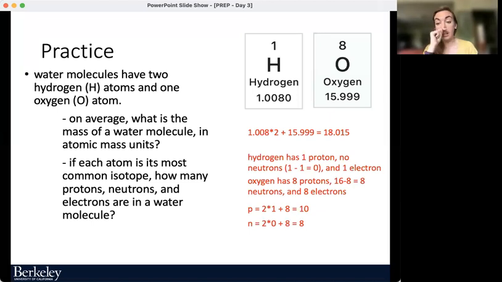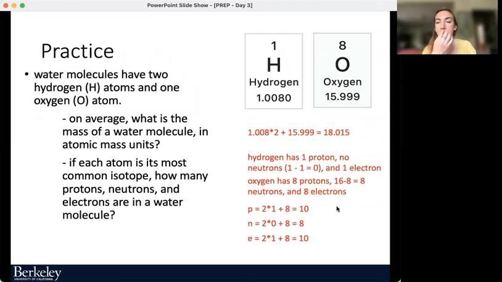One check here that we did everything right is that 10 plus 8 is 18, and that's the mass that we got up here. In this case, we're rounding and assuming our most common isotope is the only isotope, so we get exactly 18. But when we take into account those rare other isotopes, we get 18.015. But if we found that we got 18.015 here and like 30 down here, we clearly made a mistake.